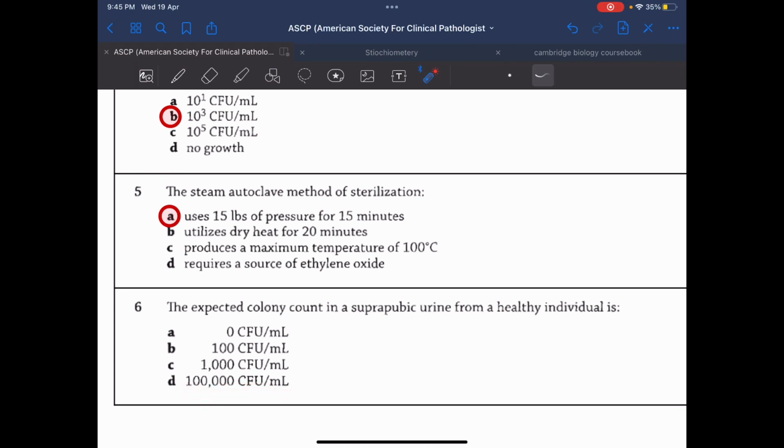Urine in the bladder is normally sterile. Suprapubic aspiration removes urine directly from the bladder and yields a specimen free of urethral contamination. So the correct answer is A, because suprapubic urine is sterile, so no bacteria should be there.